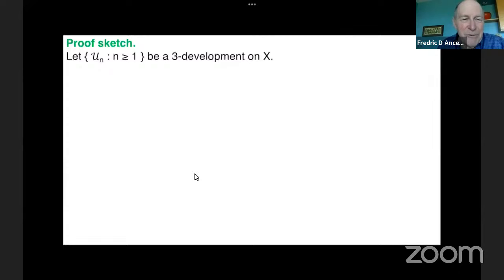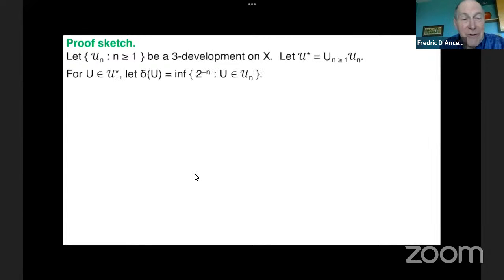Okay, so what's the idea behind their proof? Well, I sketched it here. You take the union of all these open sets or covers in the development, and you assign a diameter to each one of them, which could even be 0.